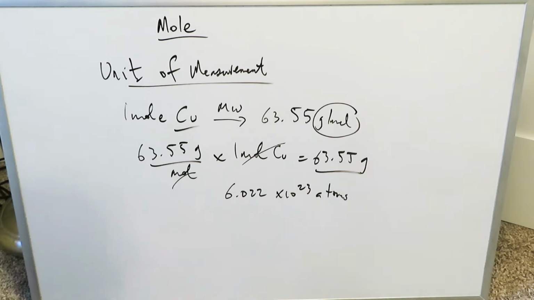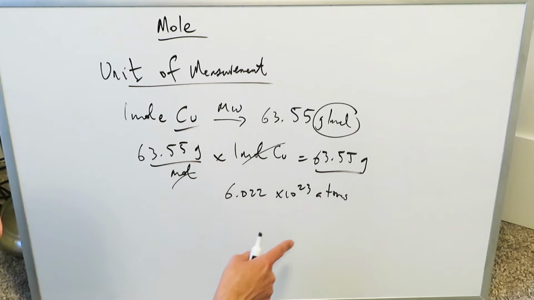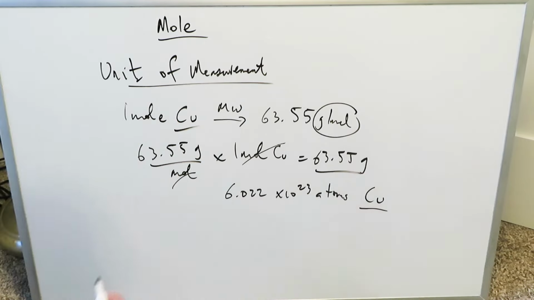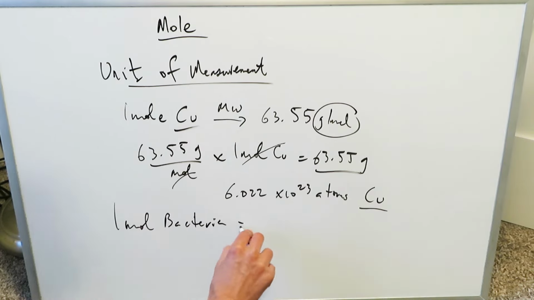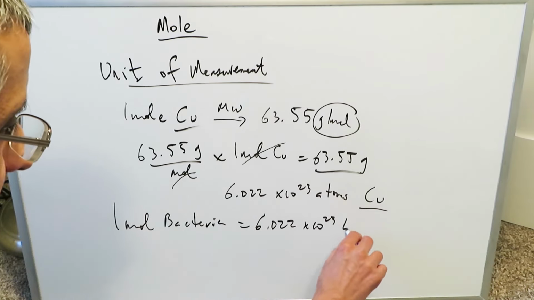Just because you're looking at carbon as being a unit of standard for the mole, and you have 6.022 times 10 to the 23 atoms and 12 grams of carbon, it doesn't mean that just because you're looking at 1 mole, you cannot have the same number of atoms. You can, because that concept of mole then extends to anything else. 1 mole of copper is equal to 6.02 times 10 to the 23 atoms, just like you can say 1 mole of bacteria would be equal to 6.022 times 10 to the 23 bacteria.